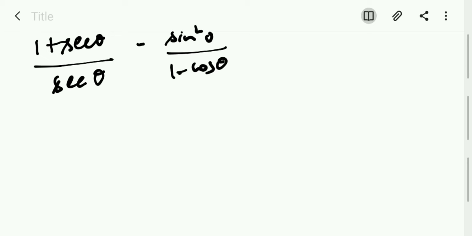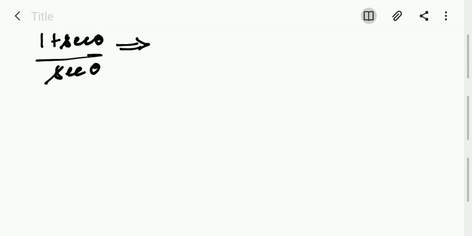Either you can prove it by simplifying LHS and RHS separately, or you can do it in this method as well. Now I'll just take the LHS. You know what LHS is, right? LHS is (1 plus secant theta) by secant theta.